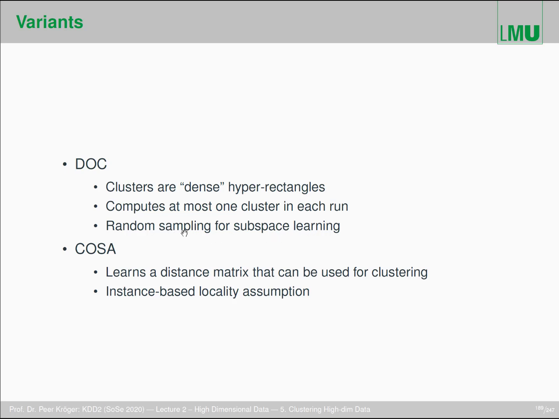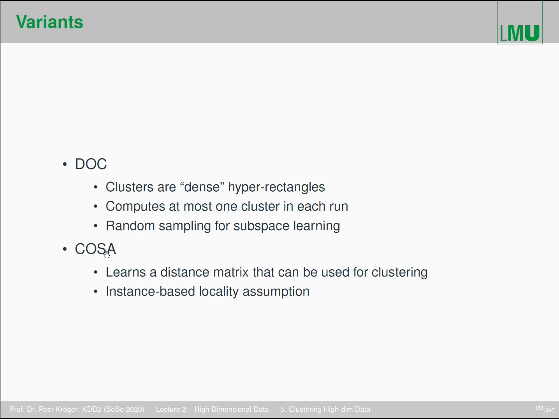So it basically samples points and computes the hyperrectangle around those points, the minimum bounding hyperrectangle, and then evaluates if those hyperrectangles are small enough or enough points are in those hyperrectangles, and what is the correct projection of those hyperrectangles such that the hyperrectangles are, so to say, small enough, dense enough.